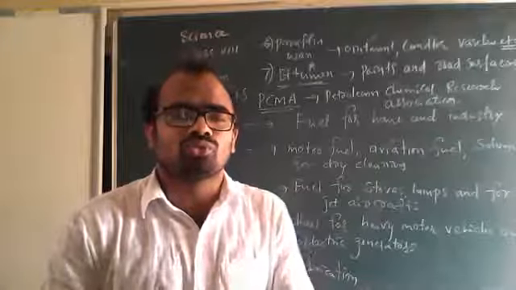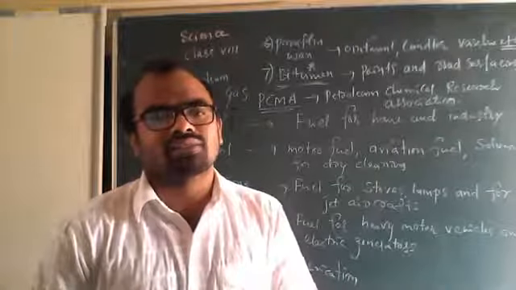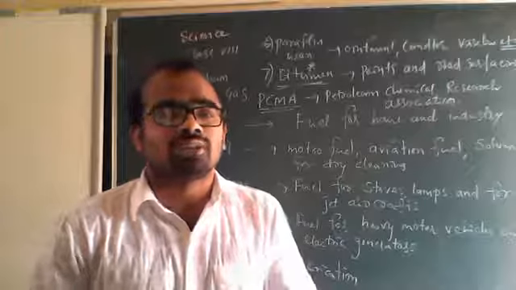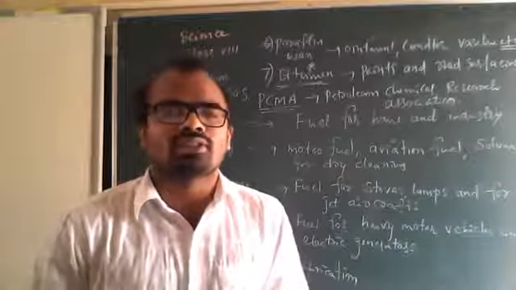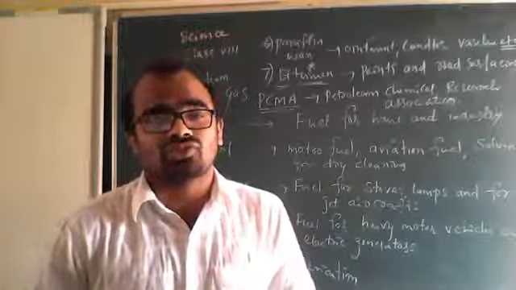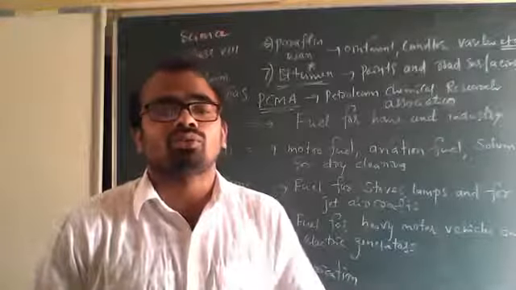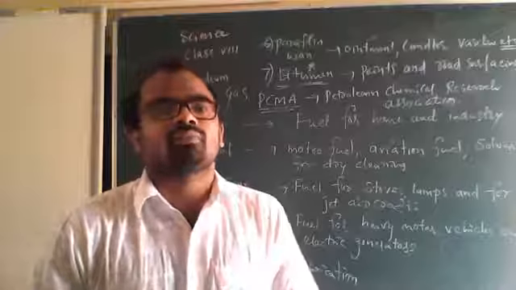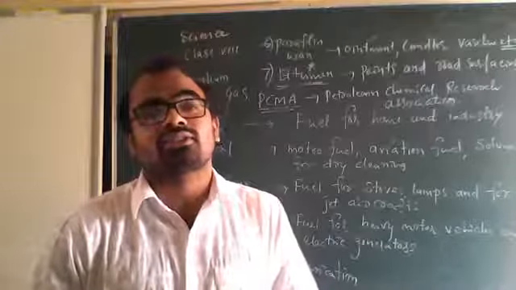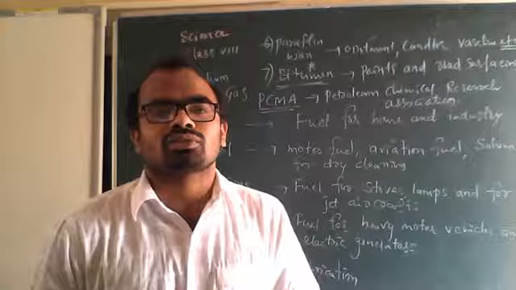You have to solve all the exercises of this chapter, which we will discuss in the next class. I hope you all attend that class, solve the exercise in the fair book and send it to my WhatsApp number.